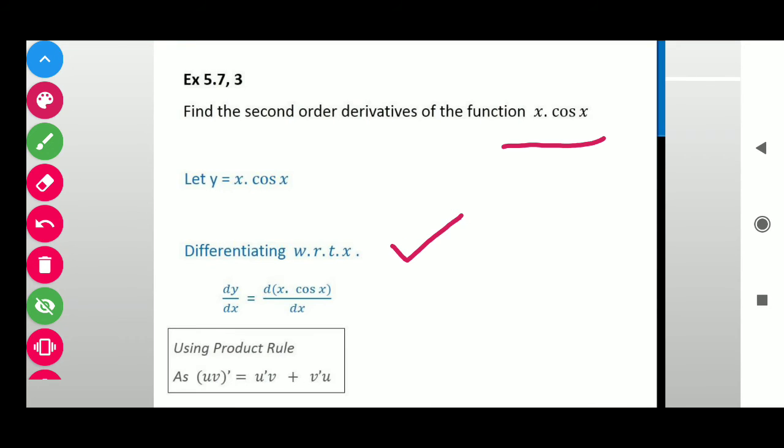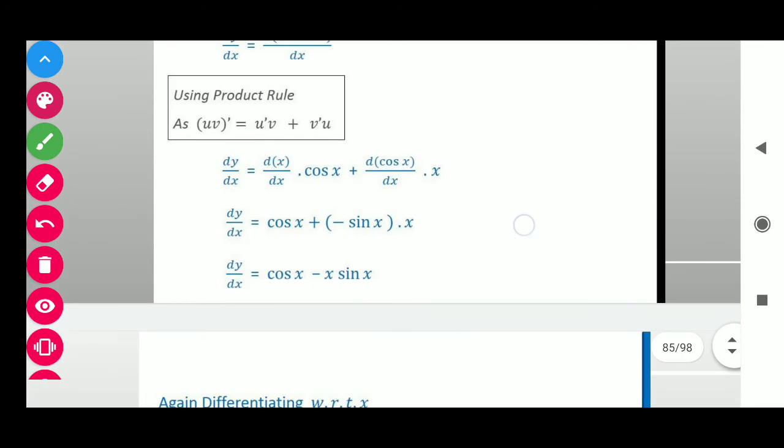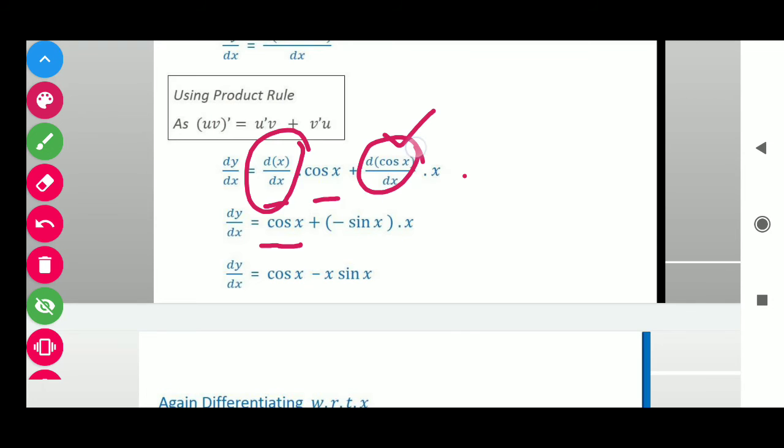By using the product rule method, here I have mentioned the formula of the product rule. First, derivative of x and cos x remains as it is. Then do the derivative of cos x and x remains as it is. In this way, cos x as it is, derivative of x with respect to x, we get 1. And we know that the derivative of cos x is minus sin x. In this way, we get dy over dx equals cos x minus x sin x.